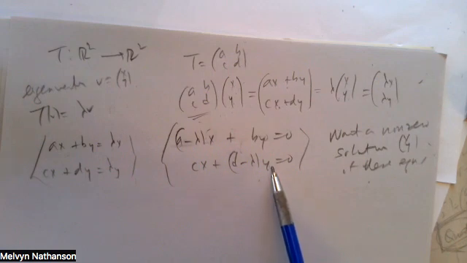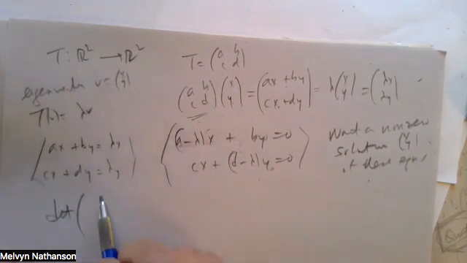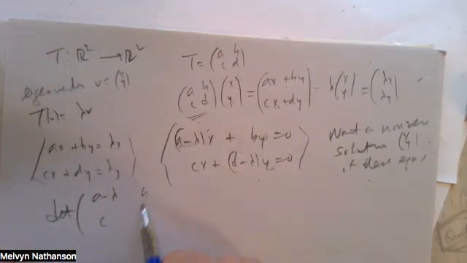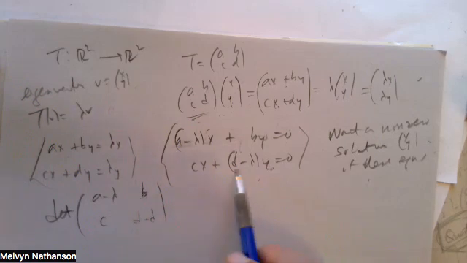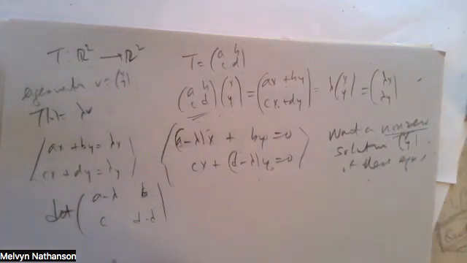And we know that there's the unique solution 0 if the determinant of the matrix of coefficients, A minus lambda, B, C, D minus lambda, is non-zero. Then the only solution of these equations is X equal Y equals 0. So there's a non-zero solution only if, for some lambda, this determinant is 0.